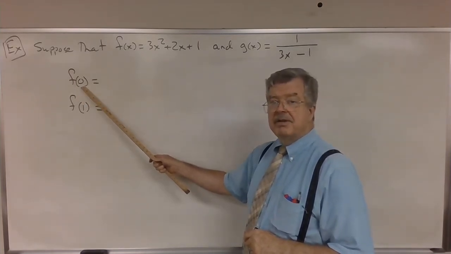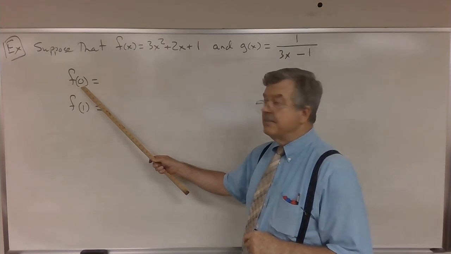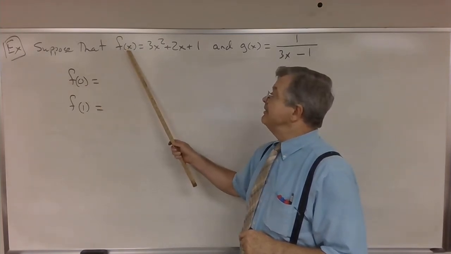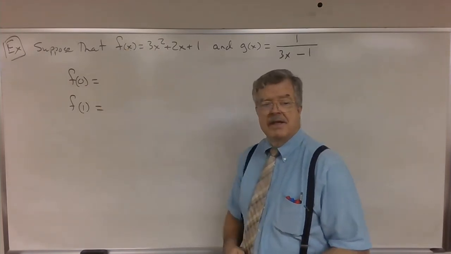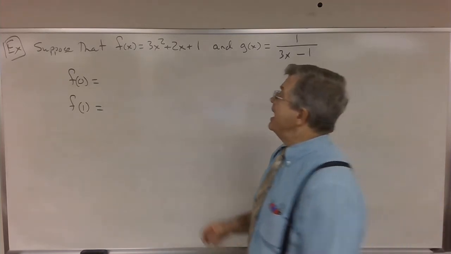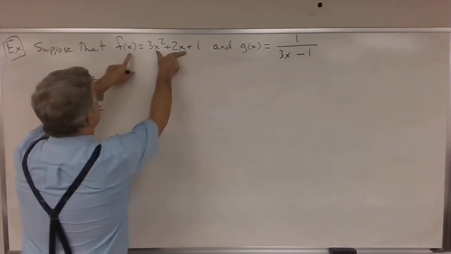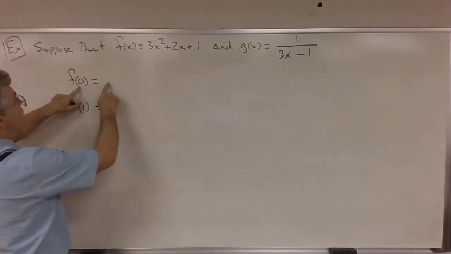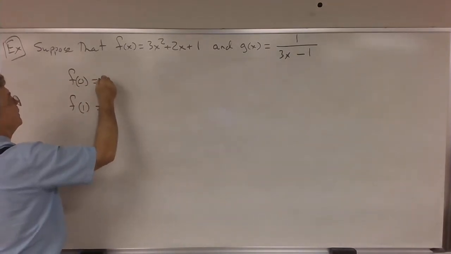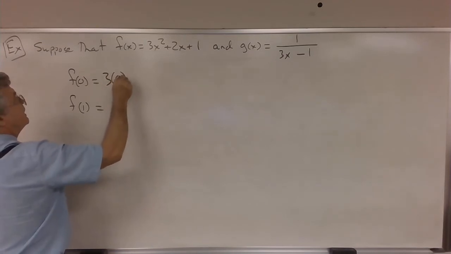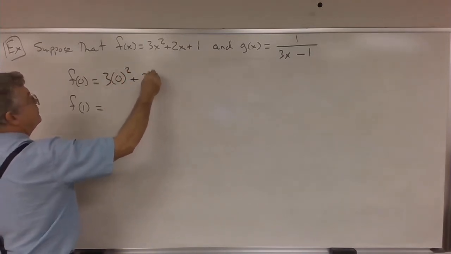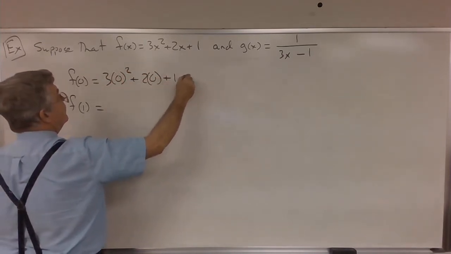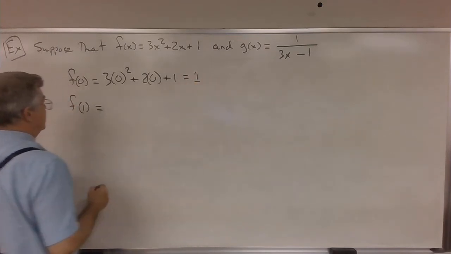So 0 plays the role down here that x plays up here in our model. So every place up here in our model that we see an x, we're going to put a 0 down here. So we get 3 times 0 squared plus 2 times 0 plus 1, and we get 1.